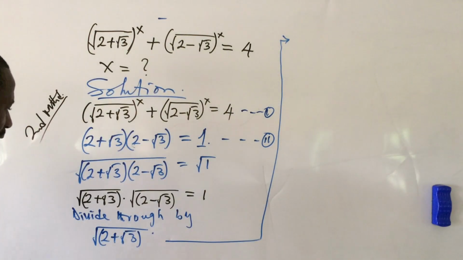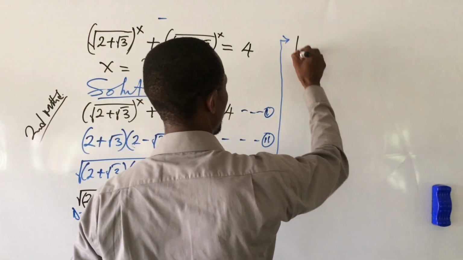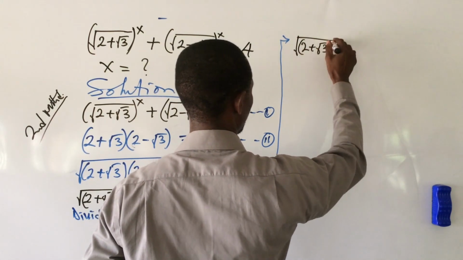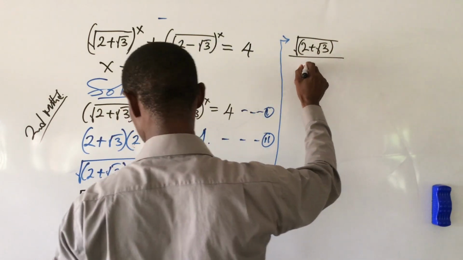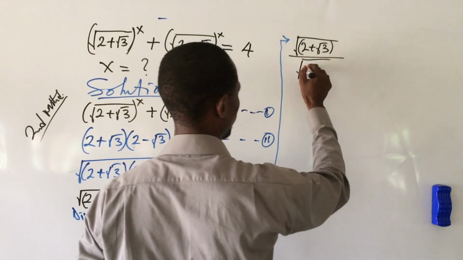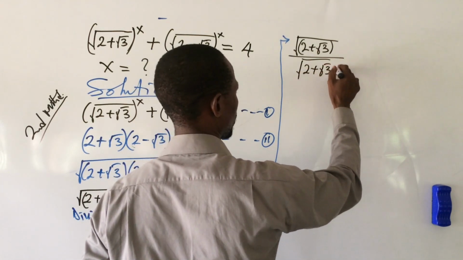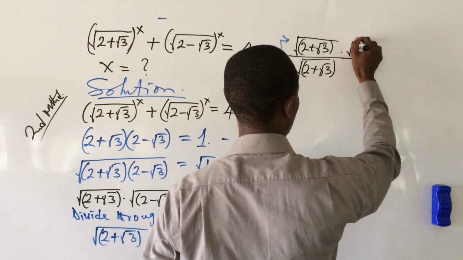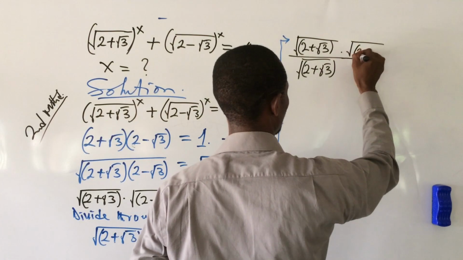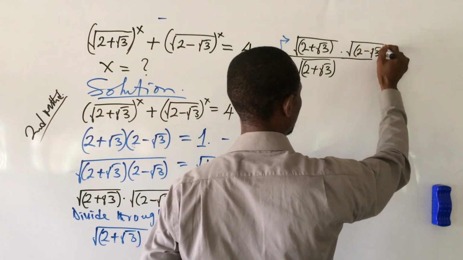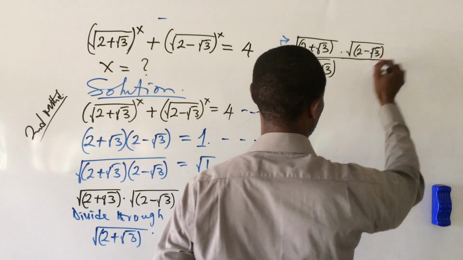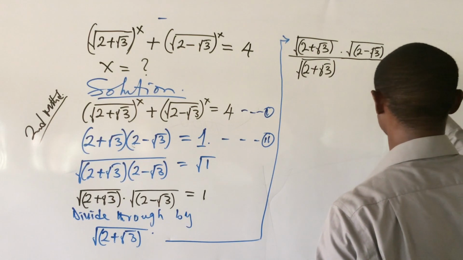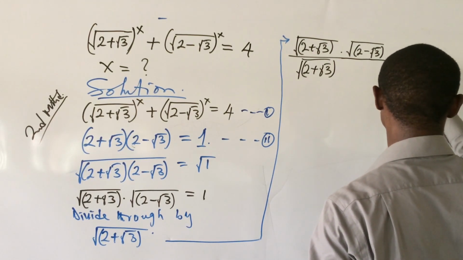If I do that, the left-hand side is going to give us √(2 + √3) over √(2 + √3), times √(2 − √3), equal to 1 over √(2 + √3).